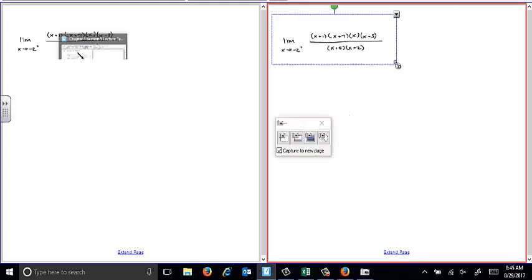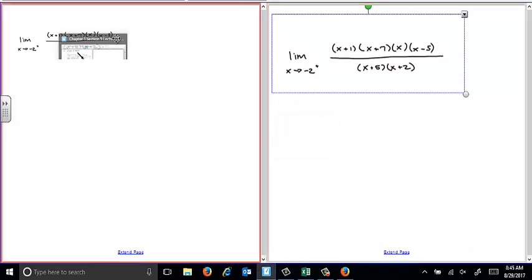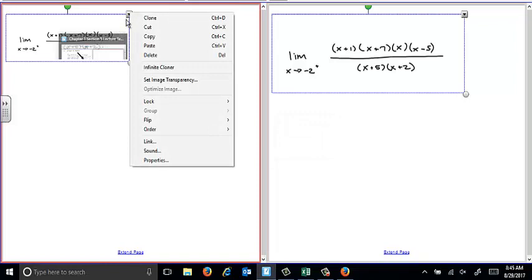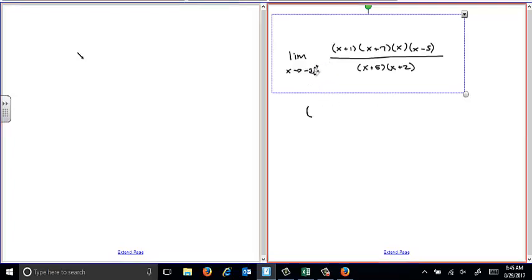There's the first problem. So all you have to do is look at the number you're taking the limit towards, and the positive side. I'm going to plug in -2 into the rational expression, and then I'm going to ask you questions about whether it's positive or negative.